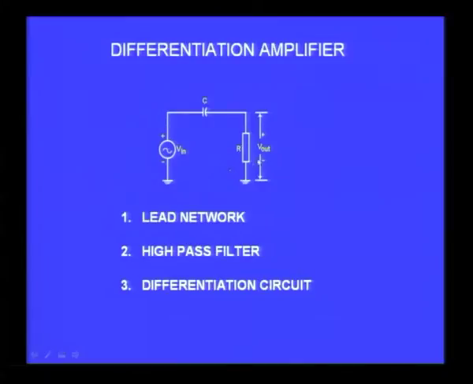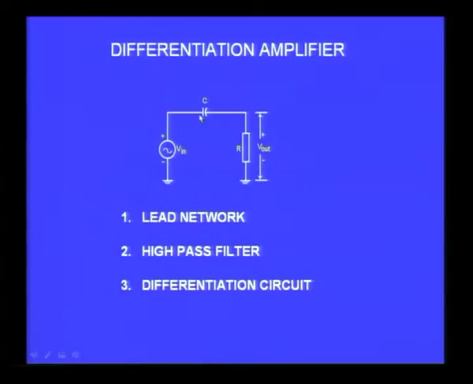When you do that, it can also be considered, as you might perhaps know, a high pass filter. When the frequencies are very large, the reactance offered by the capacitor, which is inversely proportional to the frequency, will be very small, and therefore almost all the voltage will go through the capacitor. It will become almost like a short, and therefore what you get will be a full output.